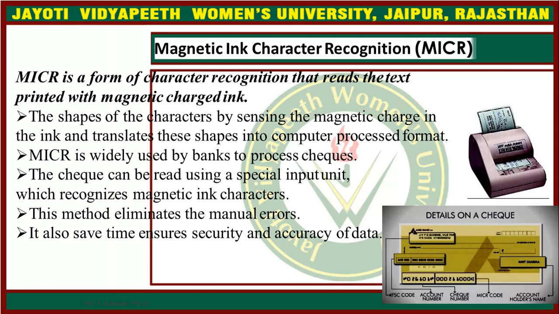The check can be read using a special input unit which recognizes magnetic characters. This method eliminates manual errors, saves time, and ensures security and accuracy of the data. You can see here, this is a check, and it is all read by this machine. You see here this device in the banks.